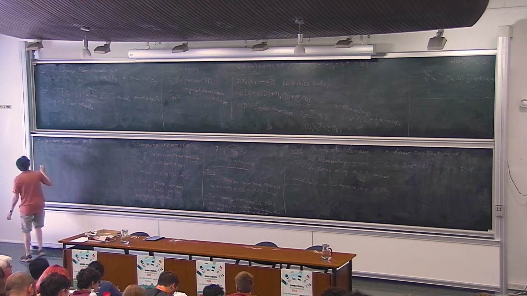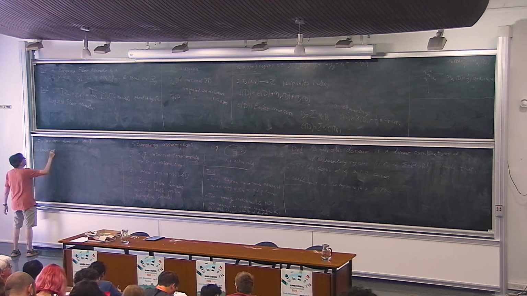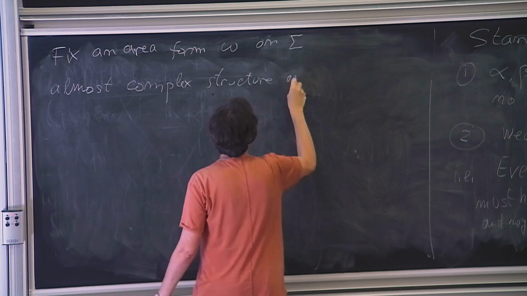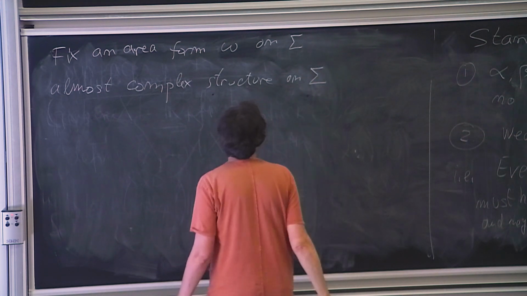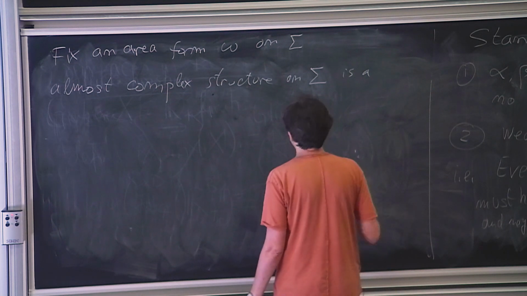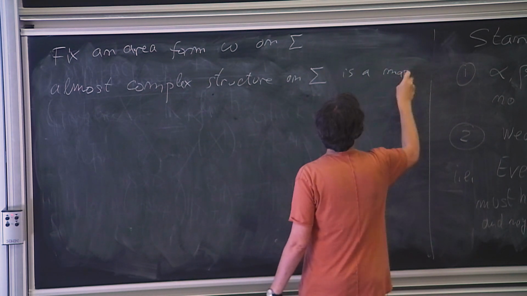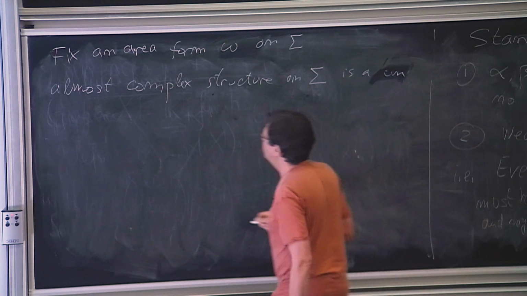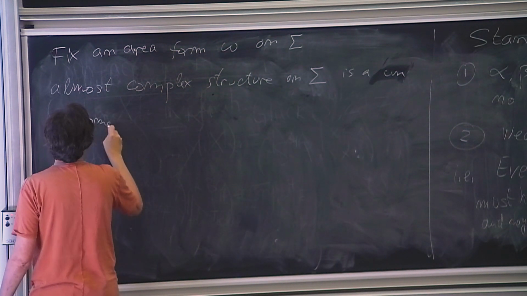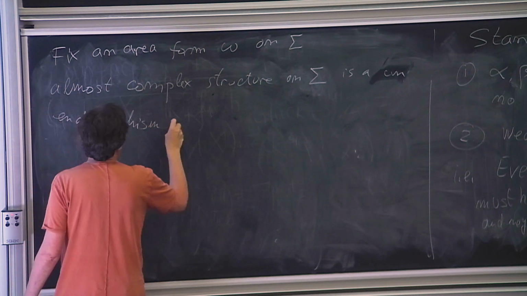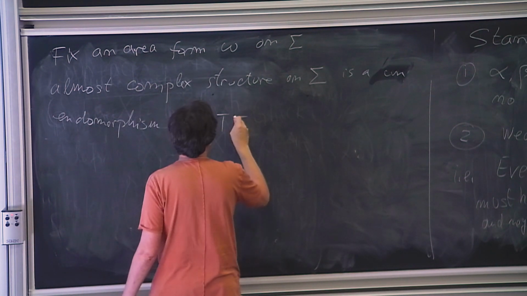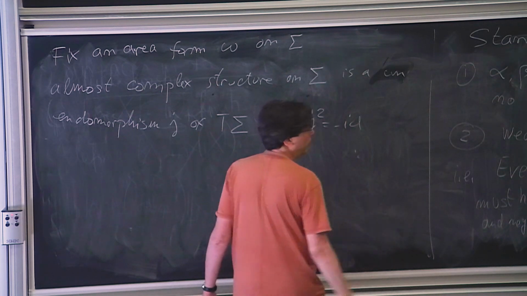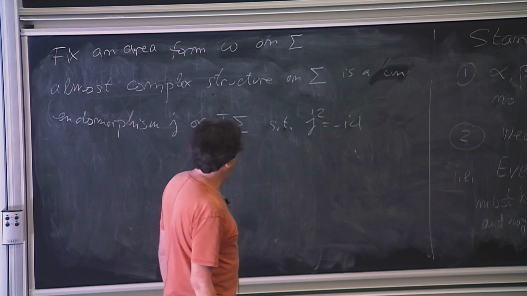Then an almost complex structure on sigma is an endomorphism J of the tangent bundle such that J squared is minus the identity. So it's like a complex multiplication.